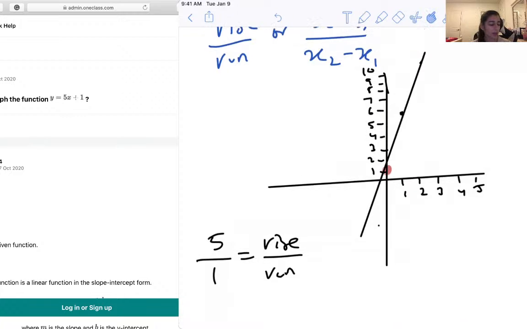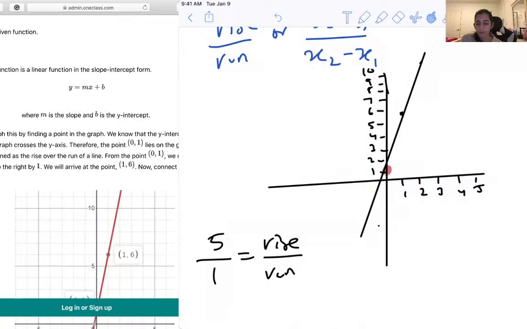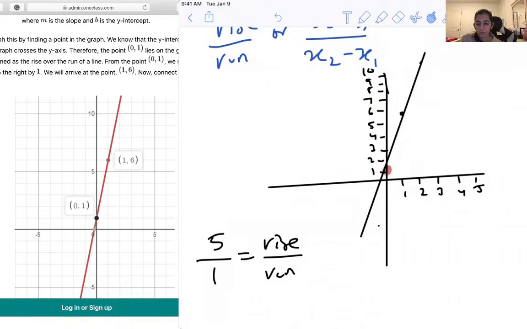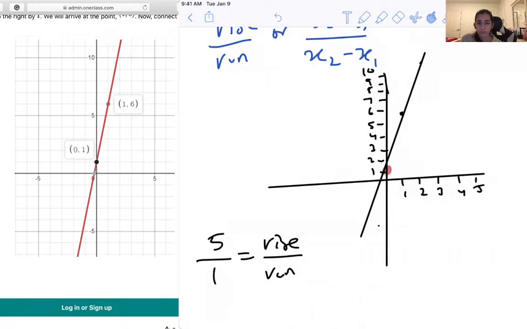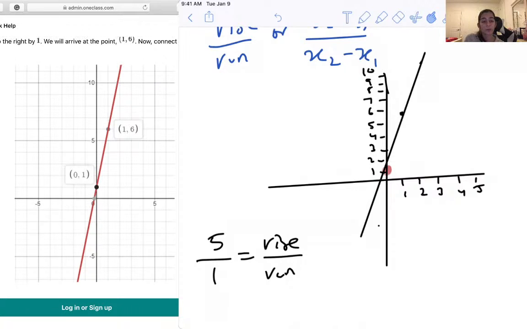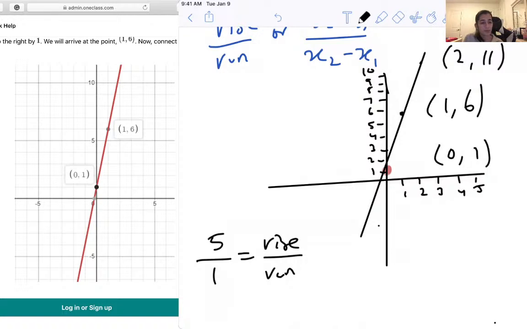So that is how we kind of graph it. And again, as long as you have 2 points on a linear line, you can basically just graph it. So over here, our 2 points were 0 and 1, and over here, our point was 1 and 6. So those are 2 points. You can also put 2 and 11 as a point. It's completely up to you.